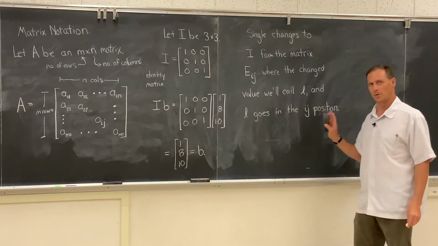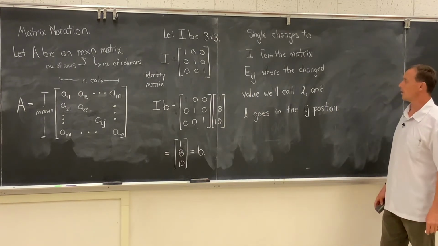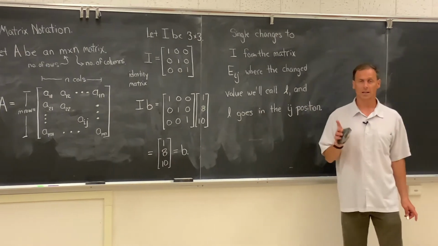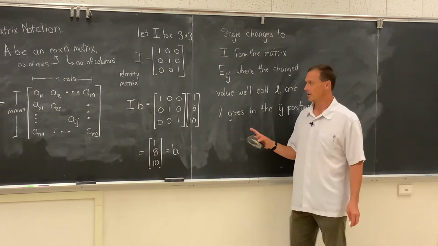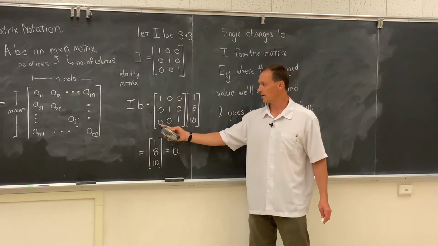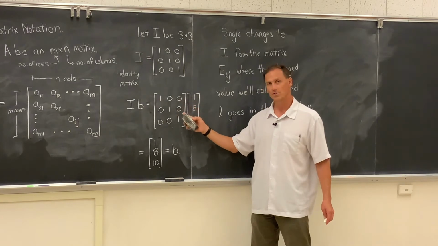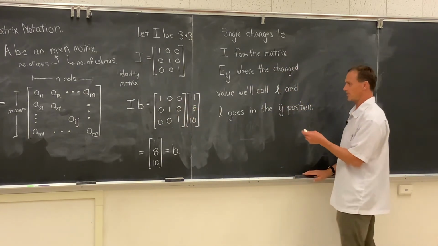Okay, I'll explain that very carefully. And we're going to try one. So now we can only make one change. And when we change this identity, we're not going to change the diagonal. We're just going to play with the zeros. So for example, you might denote this different ways.